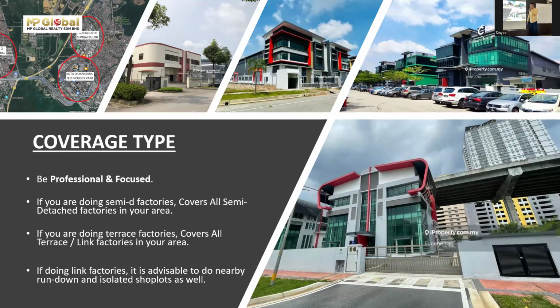But if you are doing terrace factory, don't forget those small rundown short lots in isolated areas. Sometimes you will see there are certain short lots, 1-2 story, just 1-2 rows. Why? Because for terrace factory, a lot of people might be suitable to rent or buy small shops for their usage.